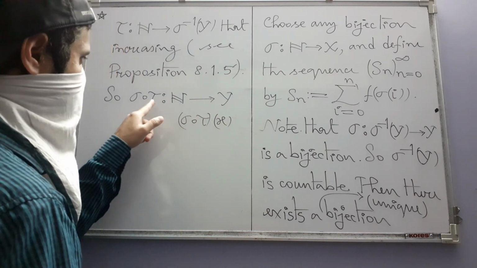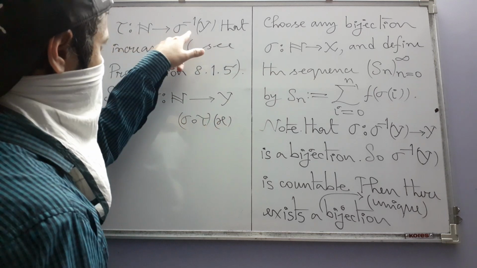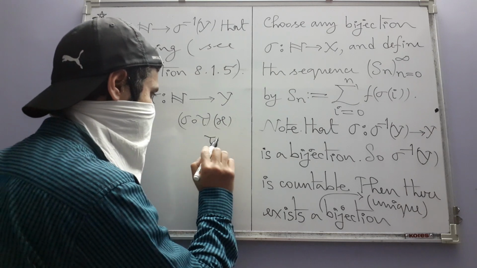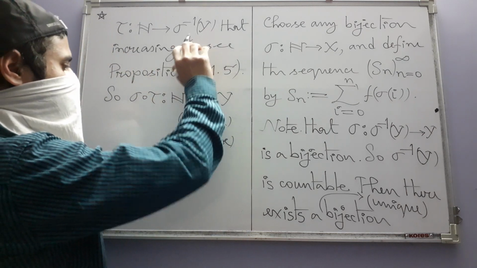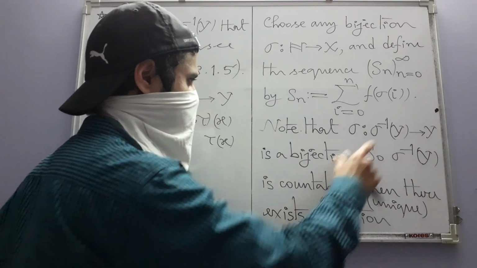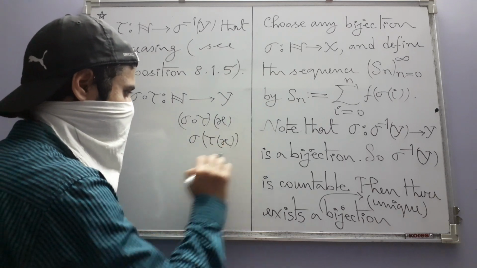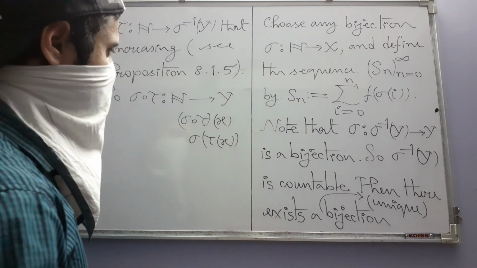Yes, because tau is the one that is going to take us from N to sigma inverse of Y, and then tau of x belongs to what set? Belongs to this set, and then on that you can apply sigma, because this is the domain of sigma. So this makes sense, not the other one. Tau composition sigma does not make sense.